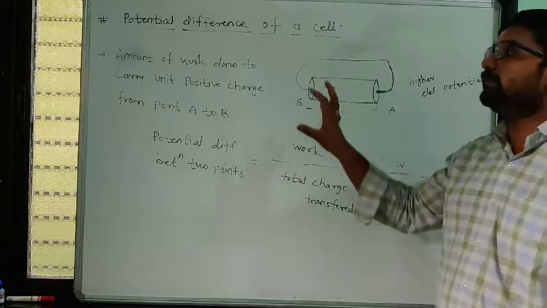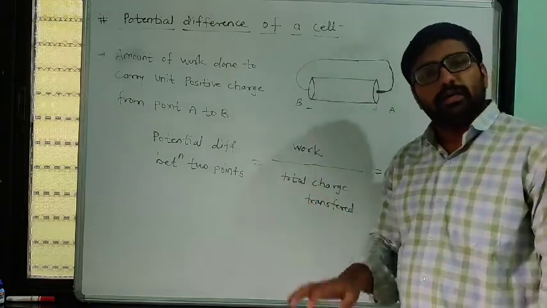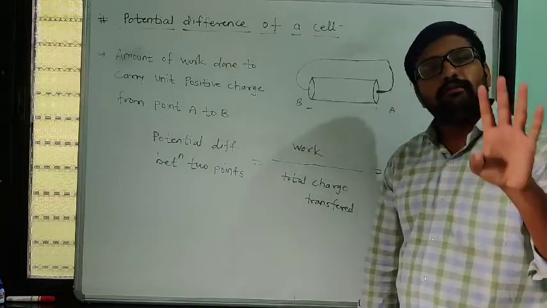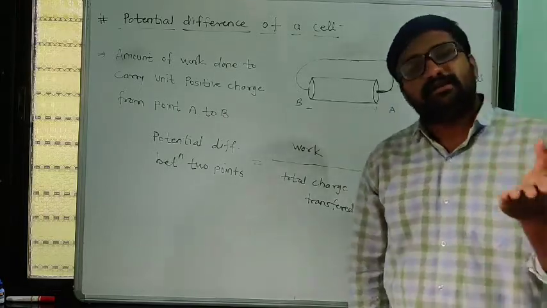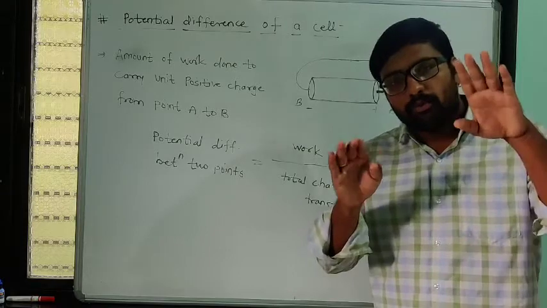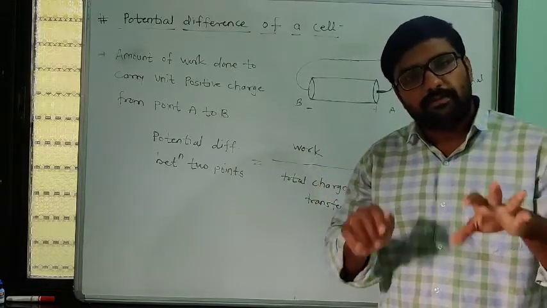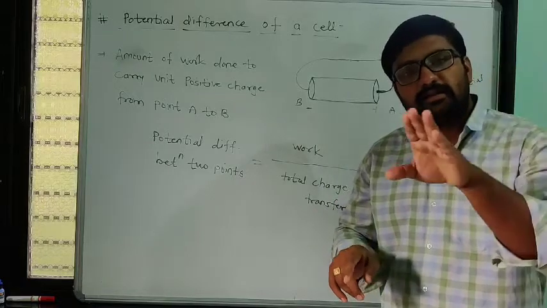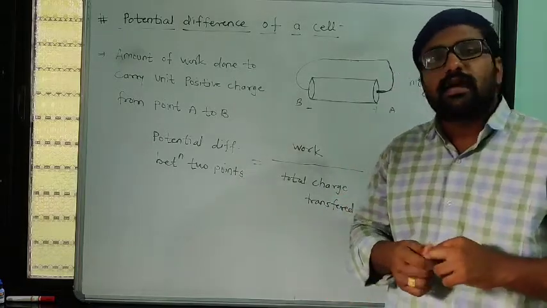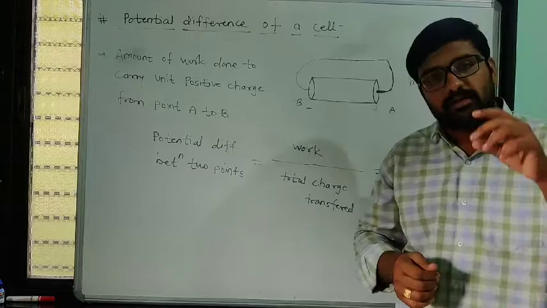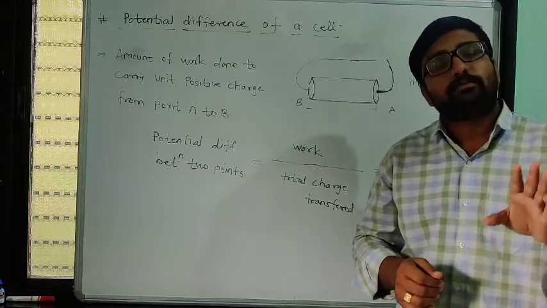The unit of potential difference is the volt. Here you have to remember one thing: charges can flow if a potential difference is present. There are two types of charges, positive and negative.